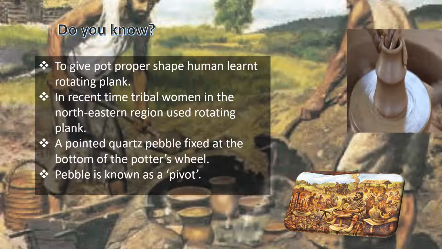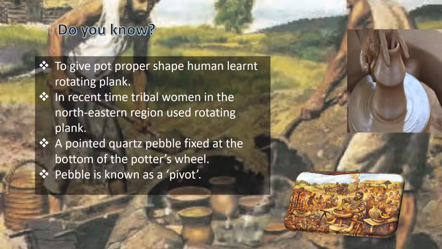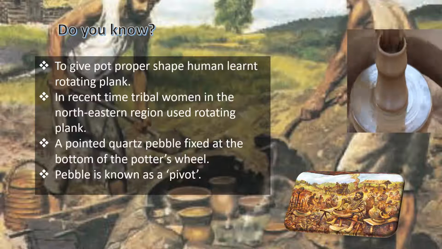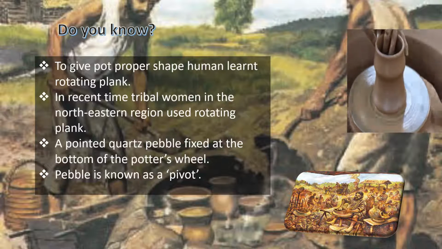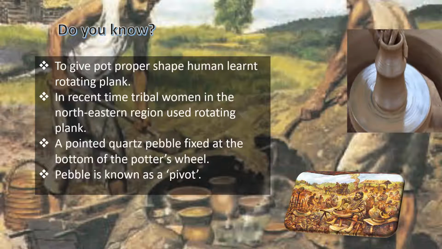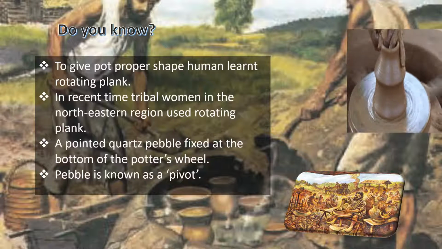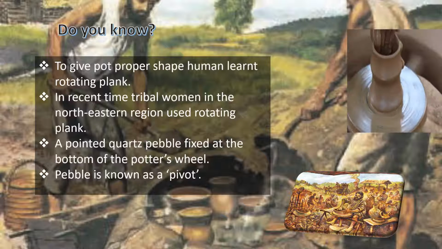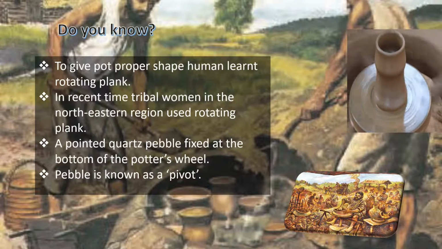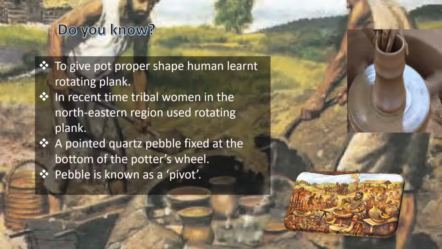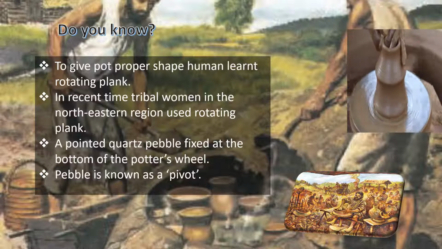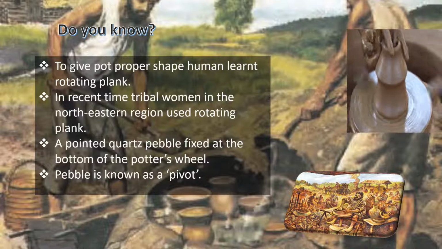Till recent times, tribal women in the northeastern regions of our country shaped pots using a rotating plank. A pointed quartz pebble was fixed at the bottom of the potter's wheel. This pebble is known as a pivot. When the potter's wheel is put in motion, it is balanced on this pivot and revolves with great speed.